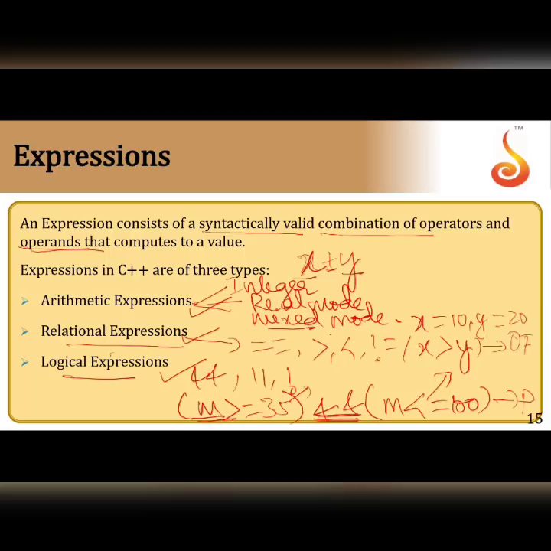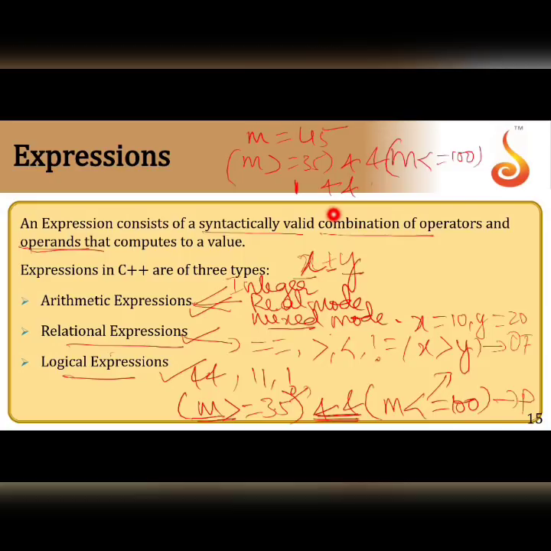For example, if I say that m is equal to 45, then what will it be? m greater than or equal to 35 and m less than or equal to 100. It means m greater than or equal to 35: 45 definitely is greater than 35, so it evaluates to a true value, 1.